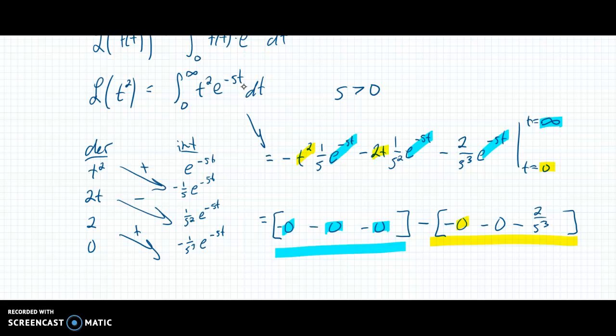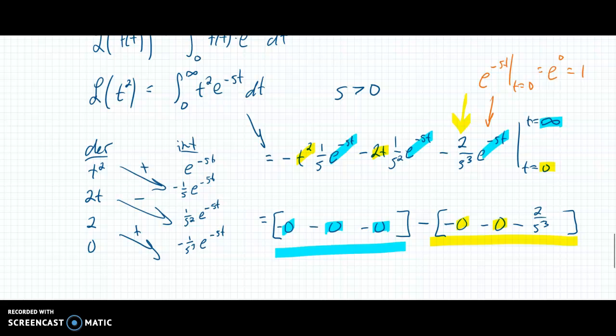Then, look, this 2t here gives me that when I plug in 0. And look, this one, that one right there, that is the only term that survives. When I plug in t equals 0, you should see that e to the negative st evaluated at t equals 0 gives me e to the 0, which is 1, right?